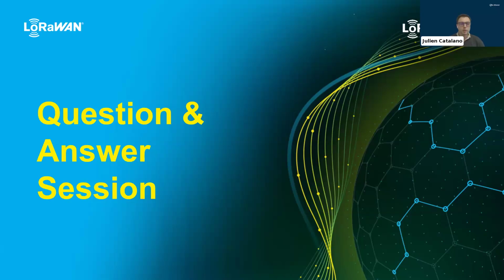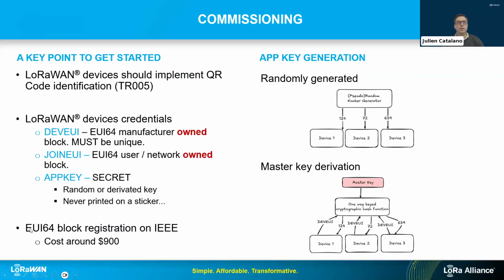So the first one is on the beginning of the presentation, actually, Paul, and let me bring back that slide about EUIs. Uwe asked us, what does that $900 give you as a number of EUIs? So basically, you need to have your own block of EUI-64, and these blocks are not distributed by the LoRa Alliance.